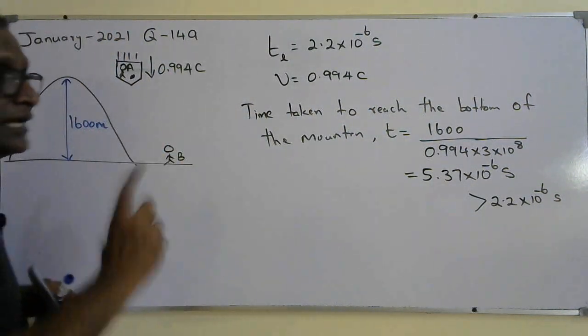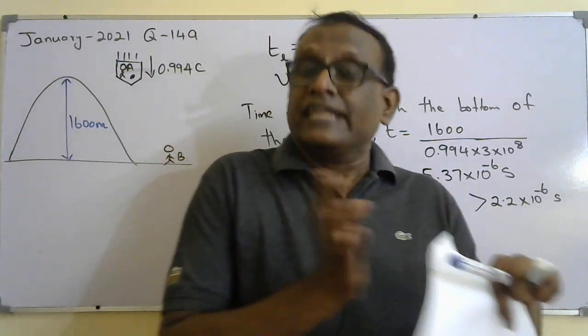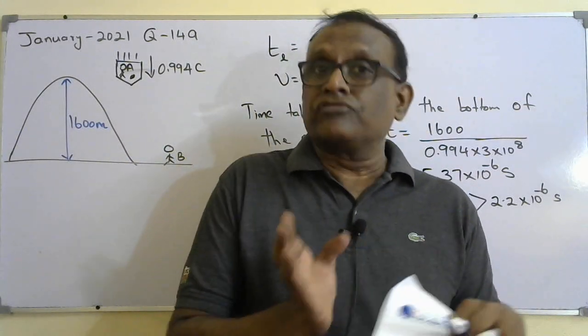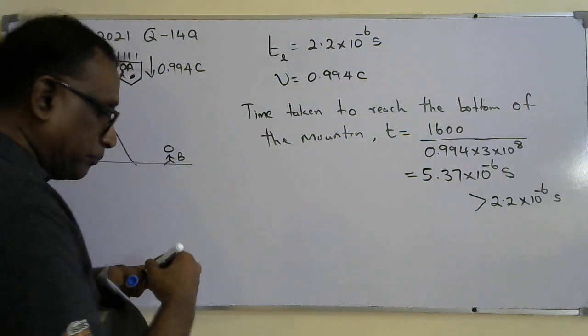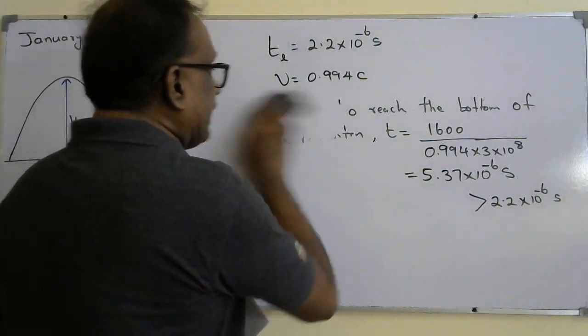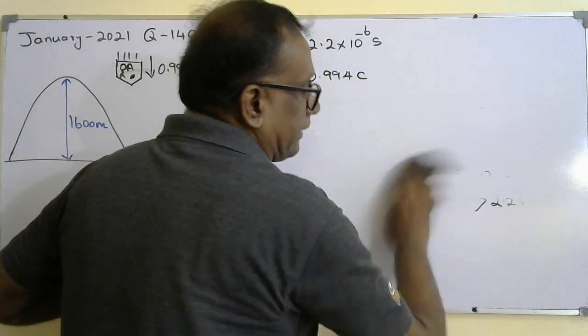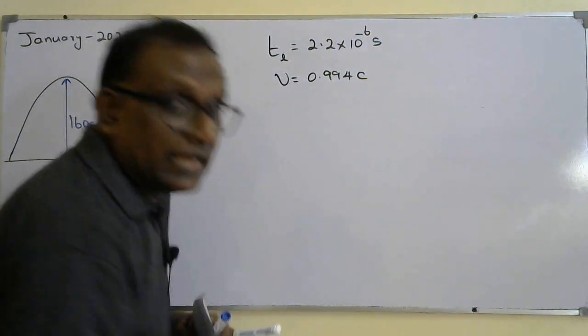So if B measures the lifetime of the muon, it won't be 2.2 × 10^-6 seconds, it will be different.